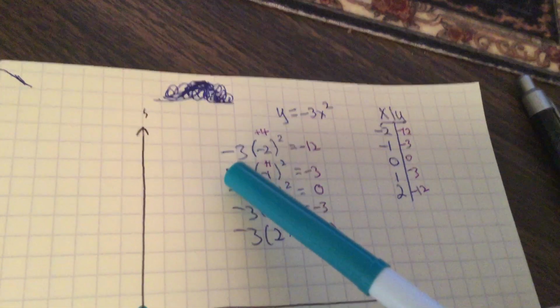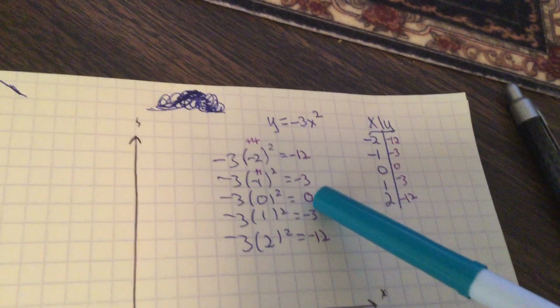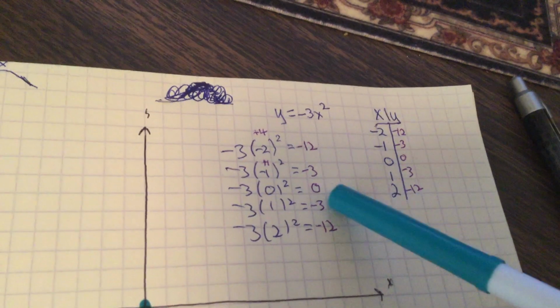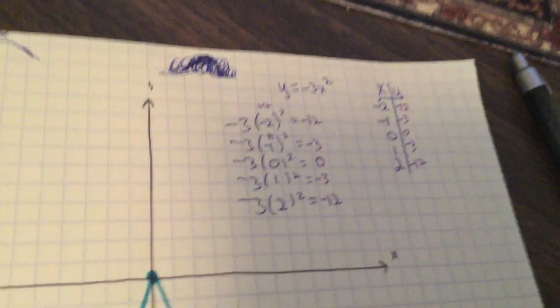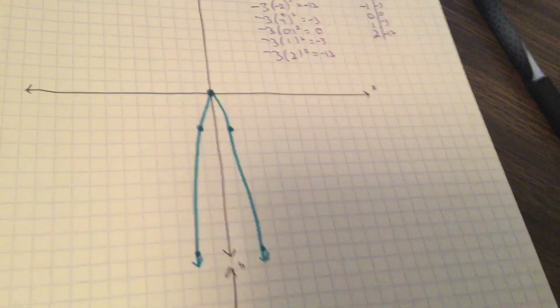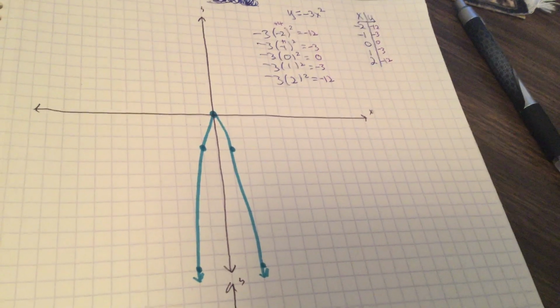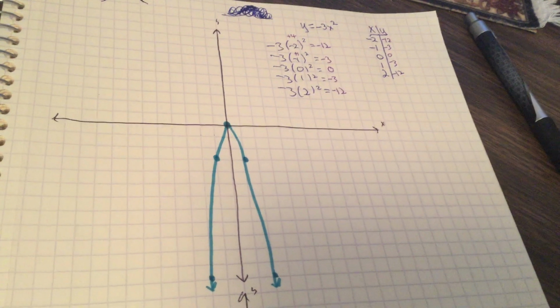But since we're multiplying it times negative 3, it comes up negative. So except for 0, all these numbers should be negative. If you come out with something positive over here, you've done something wrong. And in all of the functions I'm giving you, the graph should be pointed down.